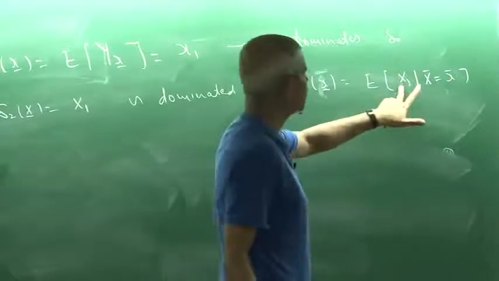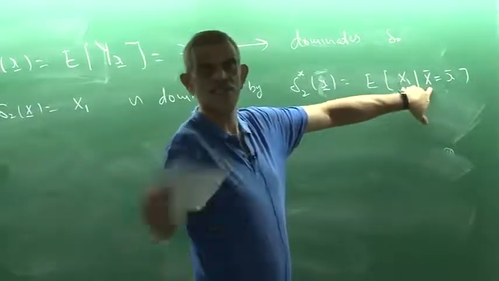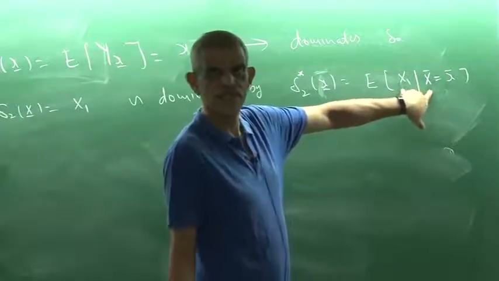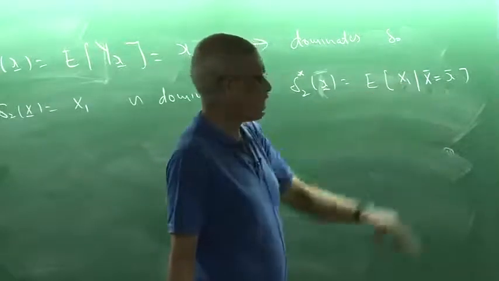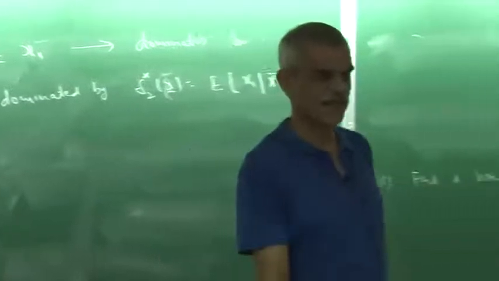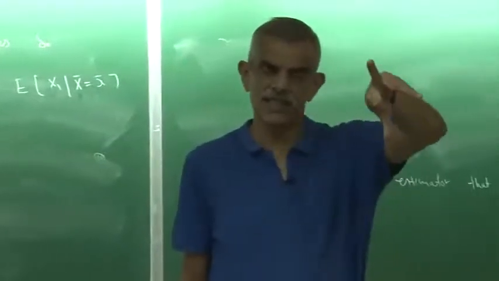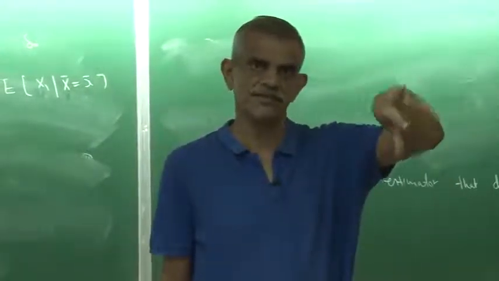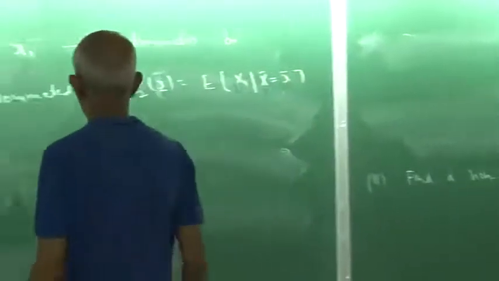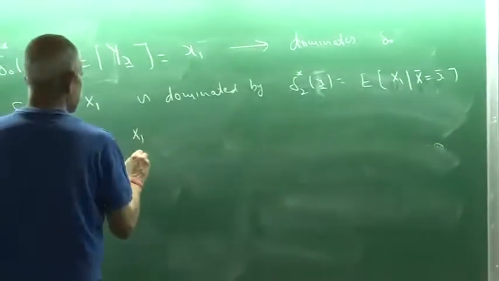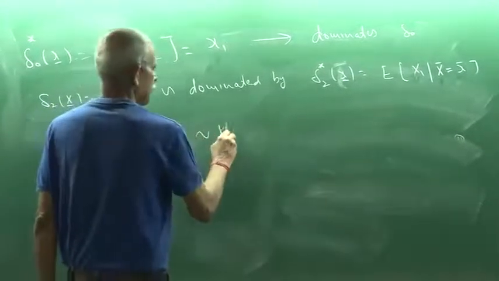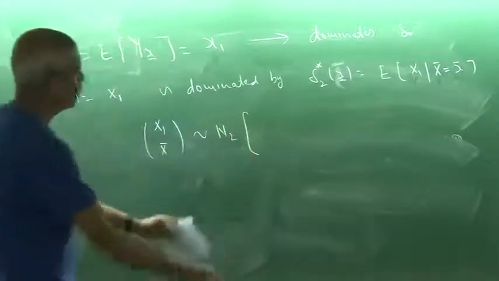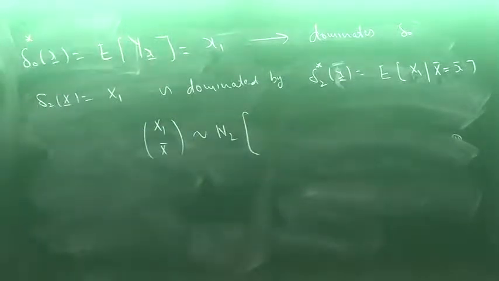All linear combinations of x1 and x bar are linear combinations of x1, x2, ..., xn, which are independent, so that will have a normal distribution. So x1 and x bar have a bivariate normal. In fact, you can do it this way. I'll show it the other way also.